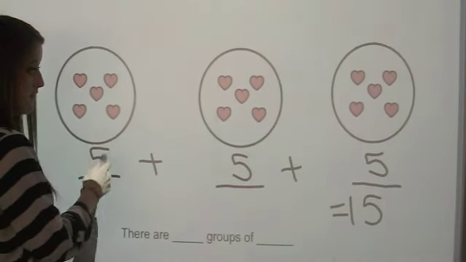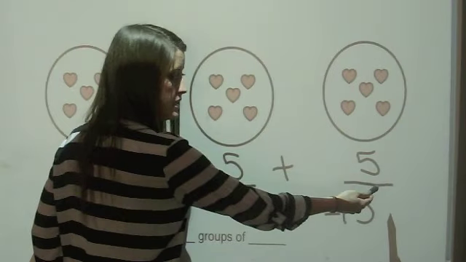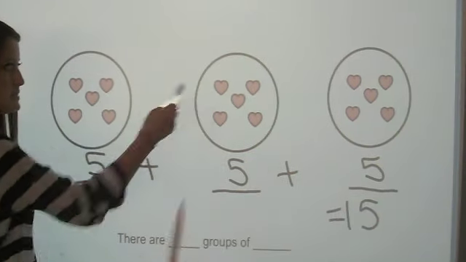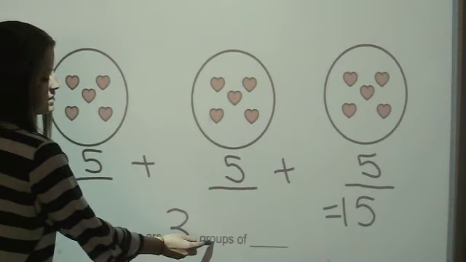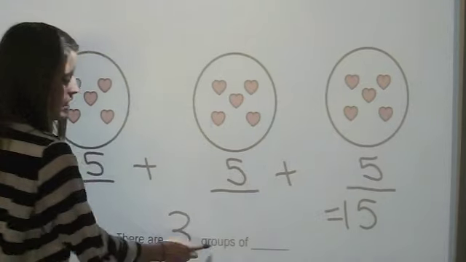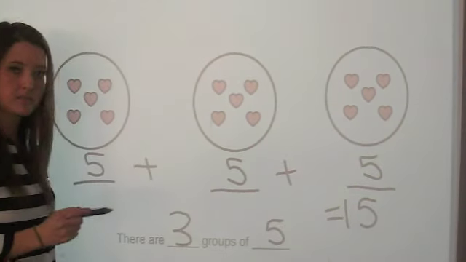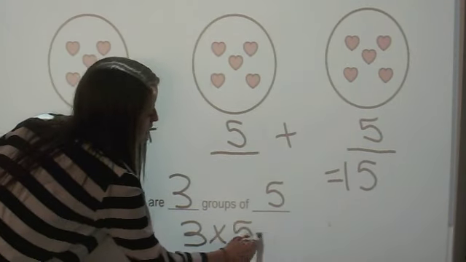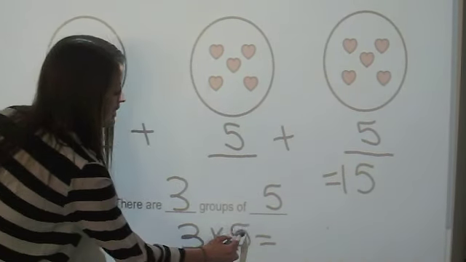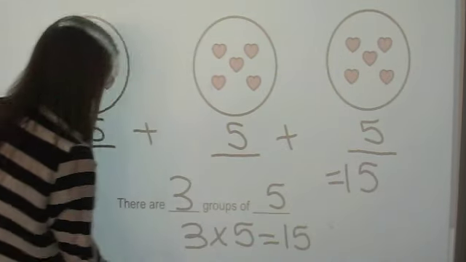We know how to skip count by 5s. 5, 10, 15. So we would read this picture as there are 3 groups of 5 hearts. So you can also write that as 3 times 5 equals 3 groups of 5 equals 15.